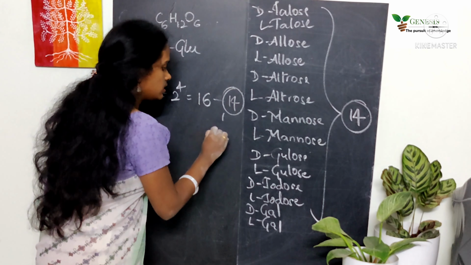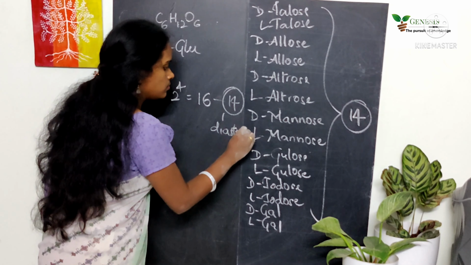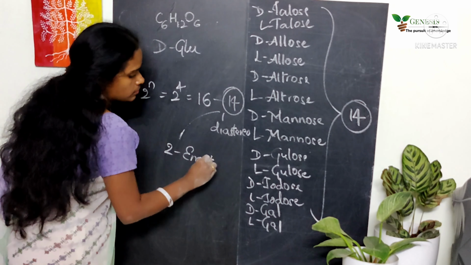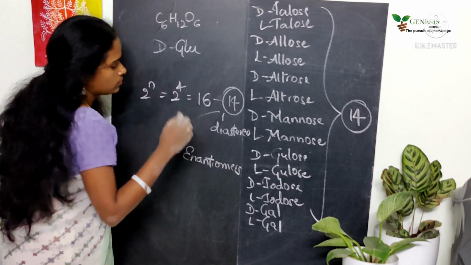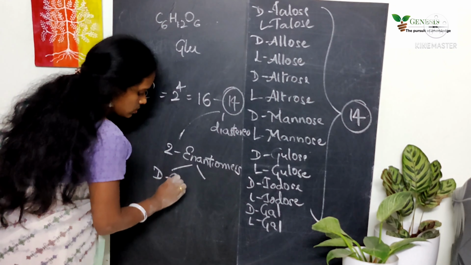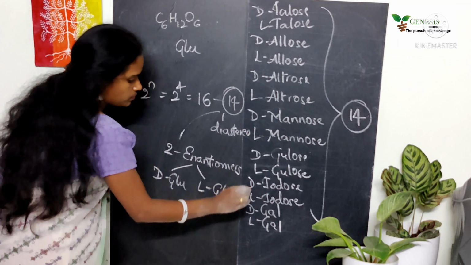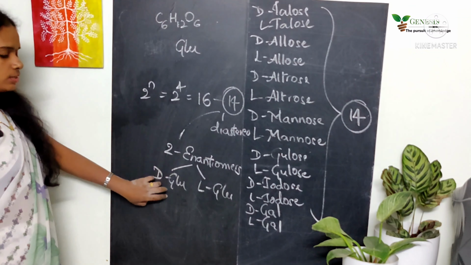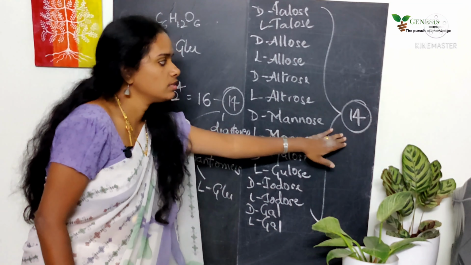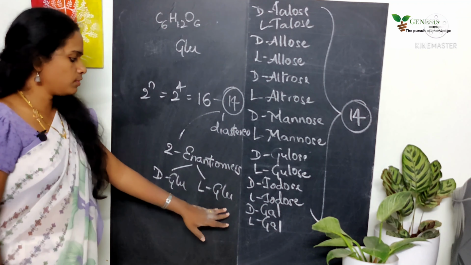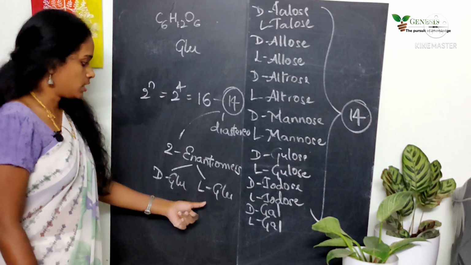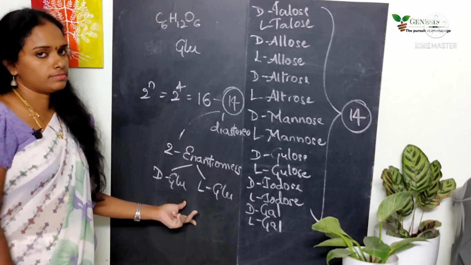The remaining 2 are enantiomers, D-glucose and L-glucose. So for D-glucose all these 14 isomers are diastereomers, and even for L-glucose all these 14 become diastereomers and these 2 become enantiomers.